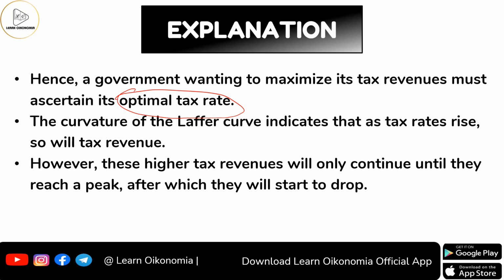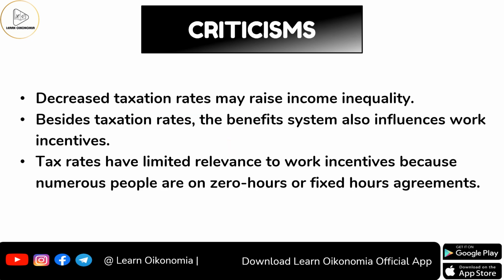And moving to the curvature of the Laffer curve, it would indicate that as the tax rate increases, the tax revenue will increase till the optimal point, isn't it? After that, if the tax rate increases, tax revenue would be falling.